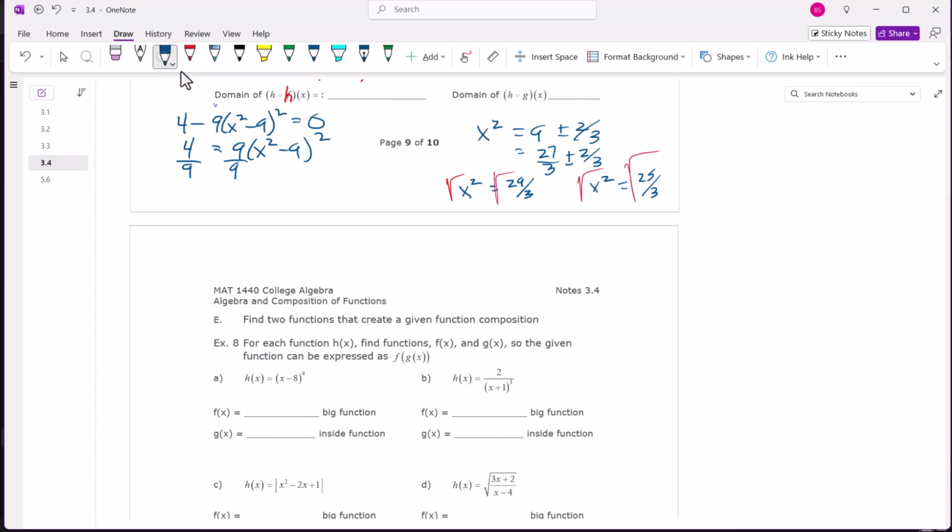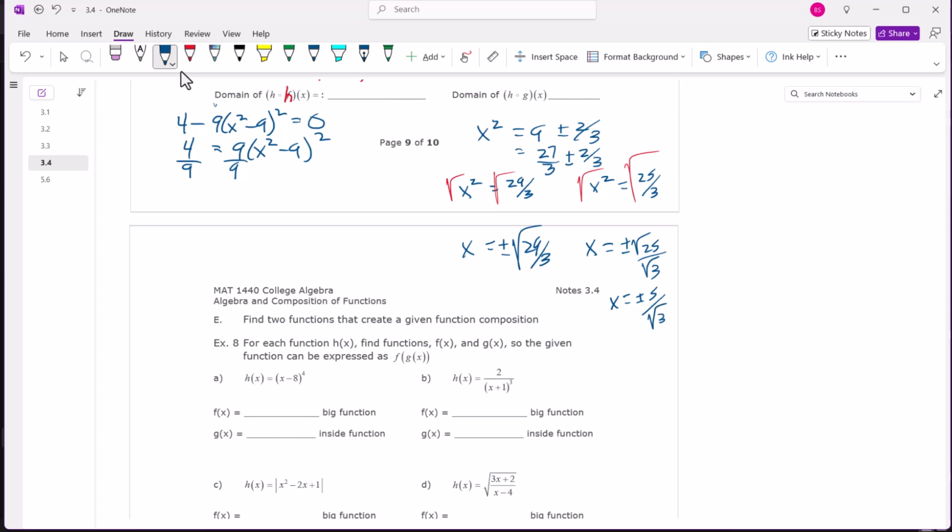And what I'll end up getting is x is equal to plus or minus square root of 29 over 3. Now over here I'll get x is equal to plus or minus square root of 25 over square root of 3, which is x equals plus or minus 5 over root 3.